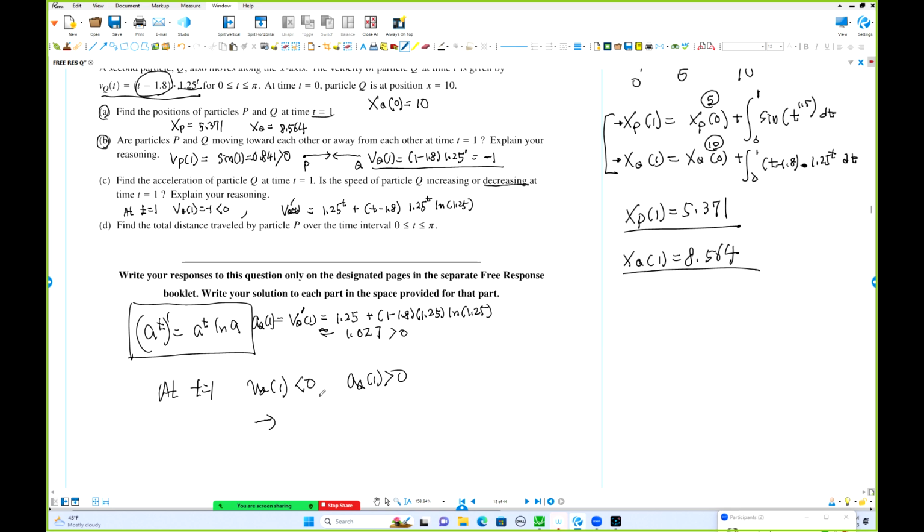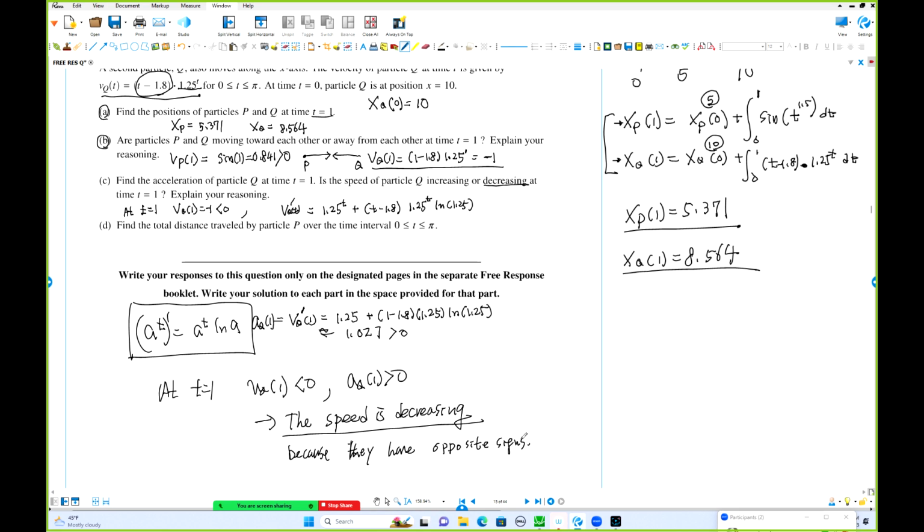From here, they have opposite signs. The speed is decreasing. The reason is what? Velocity and acceleration have opposite signs, okay? You can explain, because they have opposite signs.